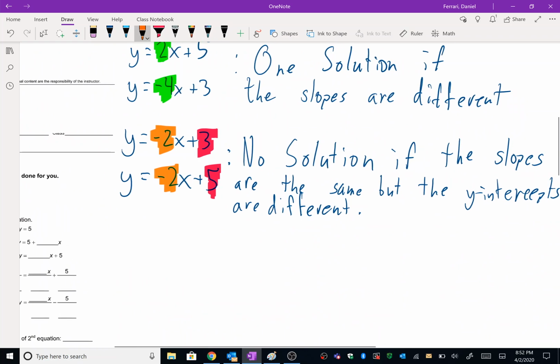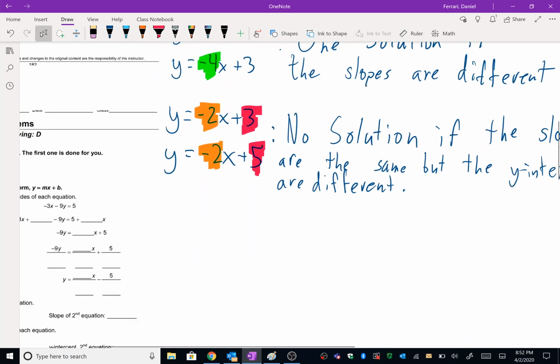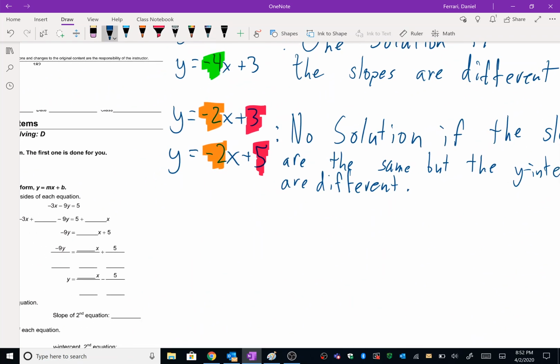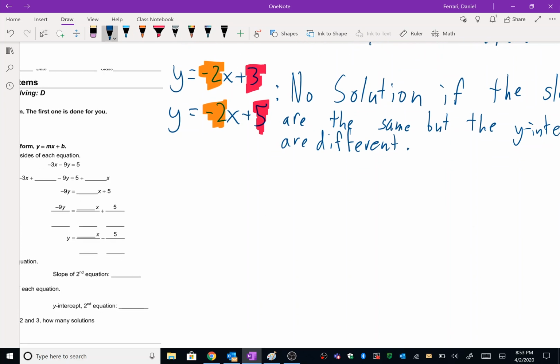Okay, and finally, the last one, this is the easiest one of all. This is the infinite solutions problem. And basically, that only happens if the two equations are the exact same. So if you solve for y, and you get y equals -2x plus 3, well, if your other equation is also y equals -2x plus 3, you have an infinite solution problem. Oh, I can't spell.